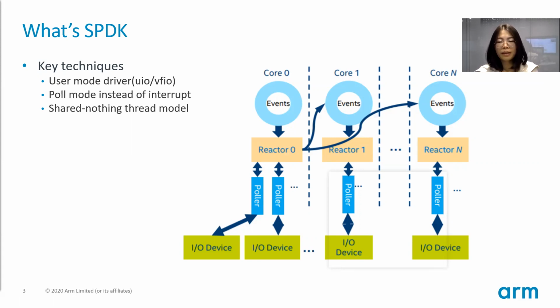For an NVMe device, a hardware queue is only ever accessed from one thread at a time. So SPDK can send requests to the device from multiple threads of execution in parallel without loss. And it's these 3 key techniques that help to bring SPDK's high performance.